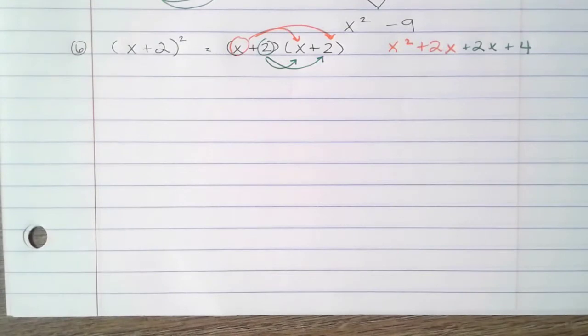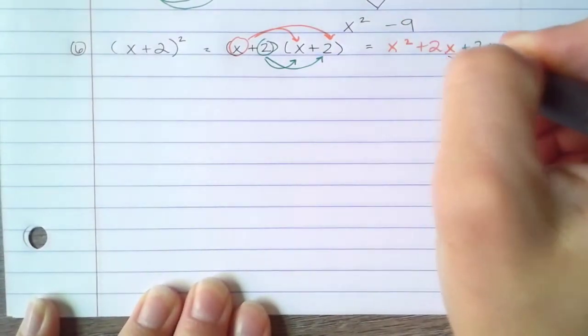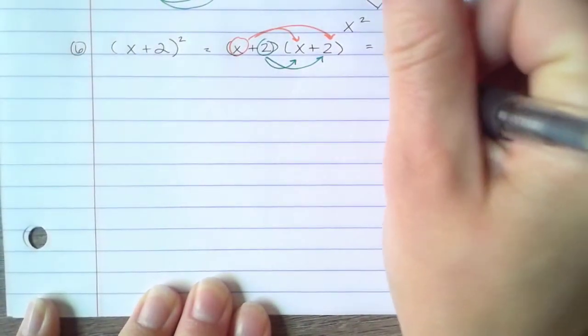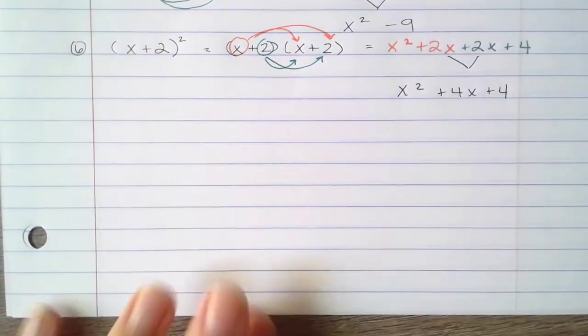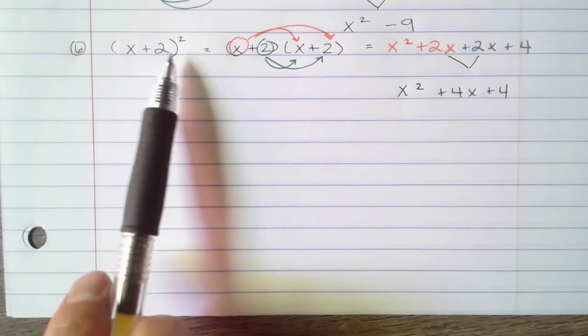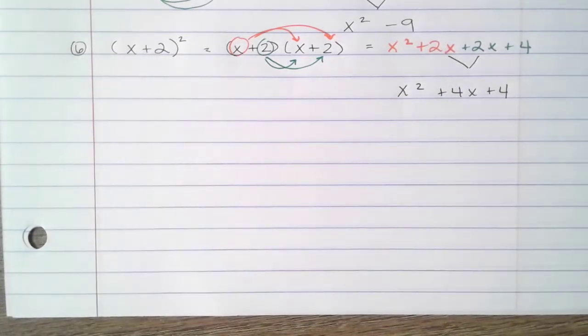That's technically your answer. Now obviously there's some combining that needs to happen, so you're going to end up with x squared plus 4x plus 4. So keep that in mind, that if you're looking at a binomial but there's nothing it's being multiplied by, remember that it could be multiplied by itself.